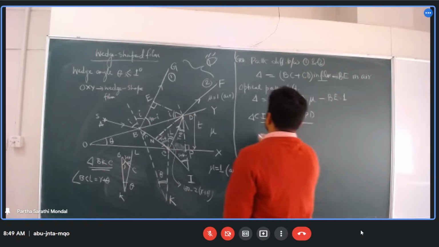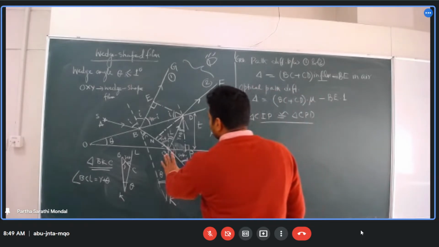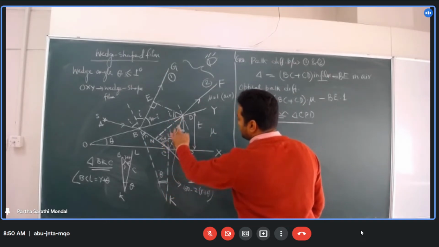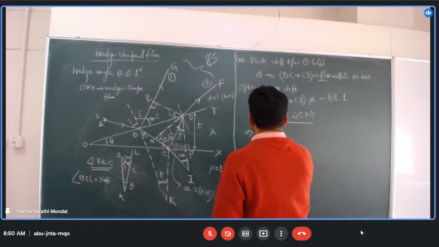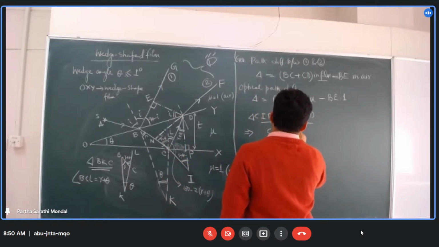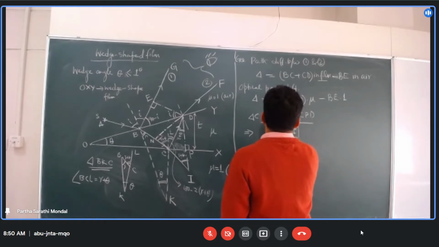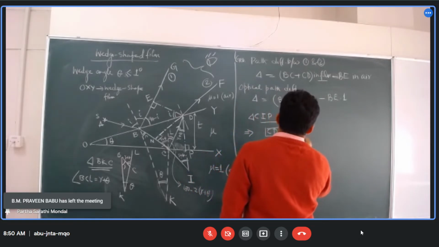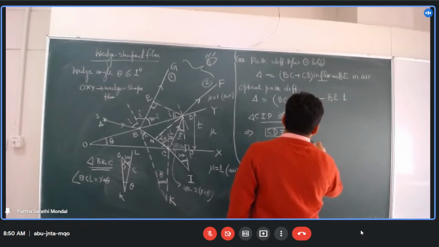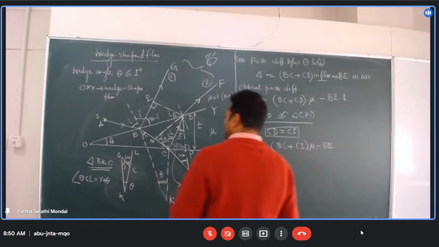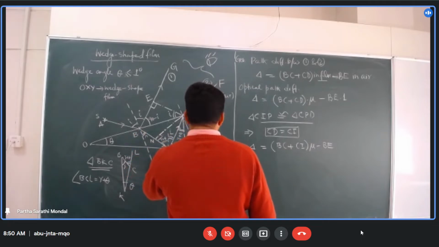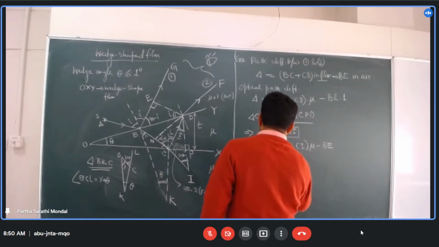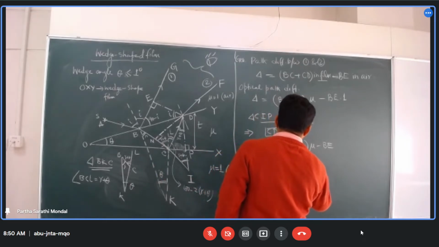If it is so, then we can write CD equal to CI, because these two angles are same, so their corresponding sides will also be same. So that means we can write CD equal to CI. So now you can put this value here. So that is actually BC plus CD के जगह आप CI लिखिए into mu minus BE. So now what is BC plus CI? That is actually nothing but the total BI into mu minus BE.